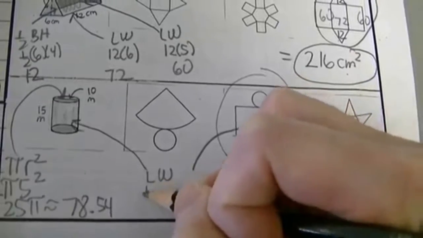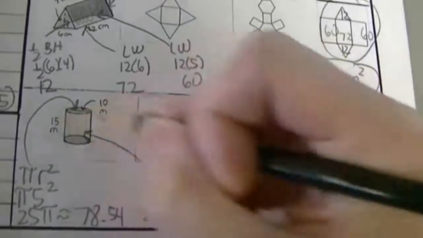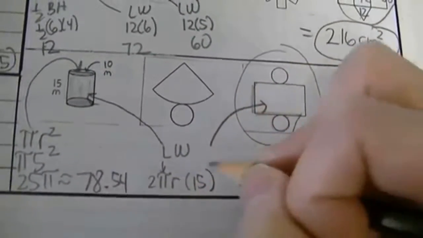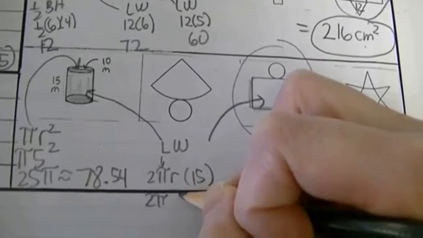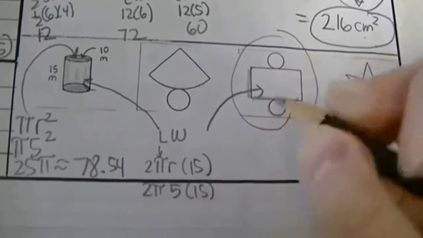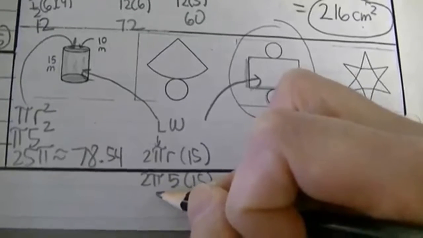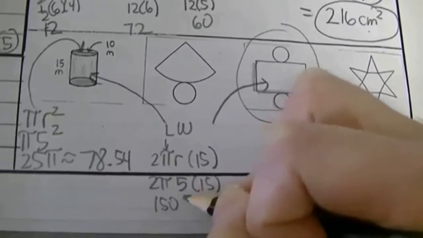So that length is going to be 2 pi r. And then the width right here is just 15. Okay? So let's go ahead and substitute the values in. 2 times pi, the radius was 5, times 15. Okay, so I can go 2 times 5 is 10, and then 10 times 15 is 150 pi.